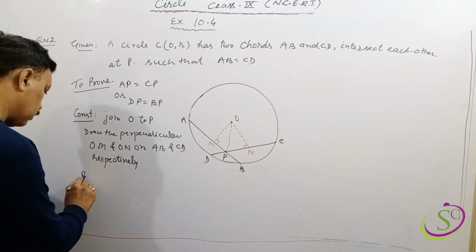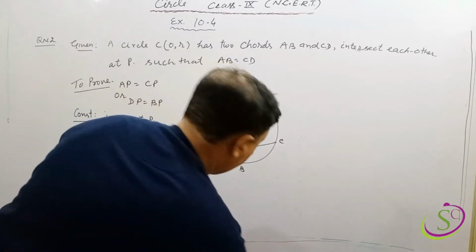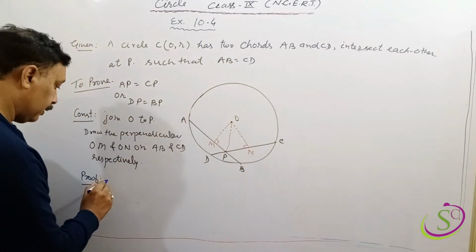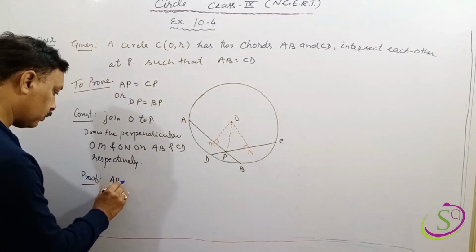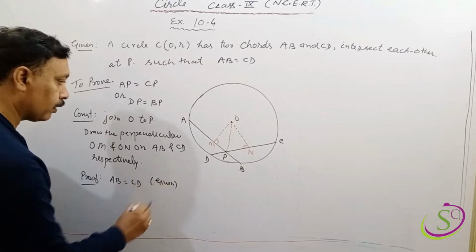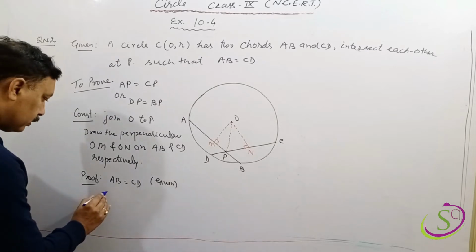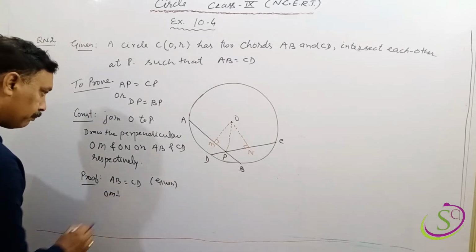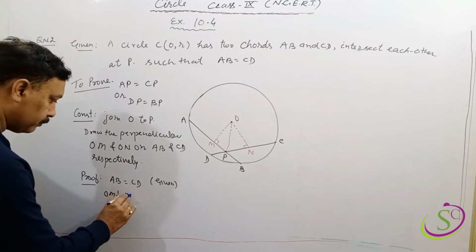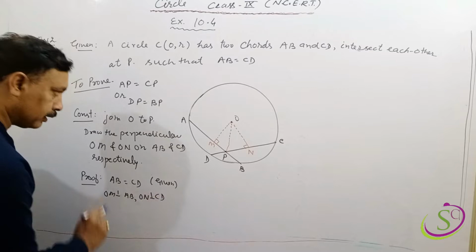Proof. Here AB equal to CD. Why? Given. And OM is perpendicular to AB and ON is perpendicular to CD.